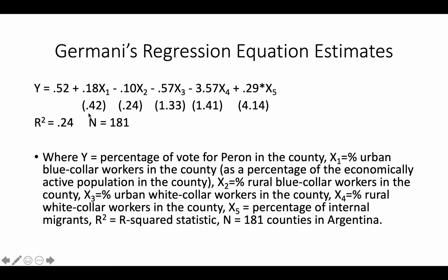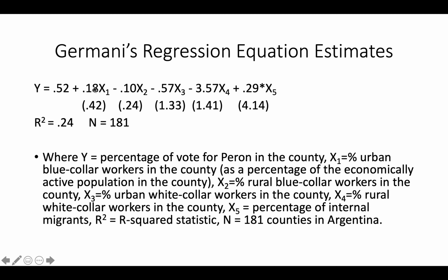The absolute t statistics, that's always a positive number, will be in the parentheses, and they're associated with each one of these slope coefficients. So we can see for X sub 1 through X sub 4 that none of these independent variables are statistically significant. And in fact, they have odd signs.